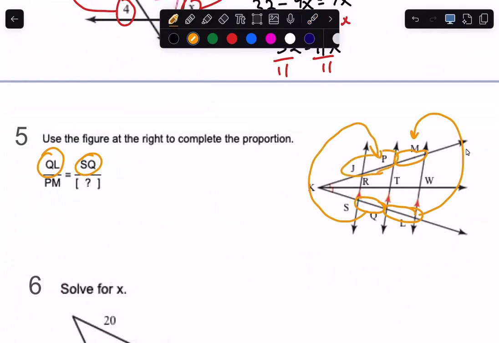Or is that RP? No, that's JP. So this would be JP. Does anyone have any questions on number 5?